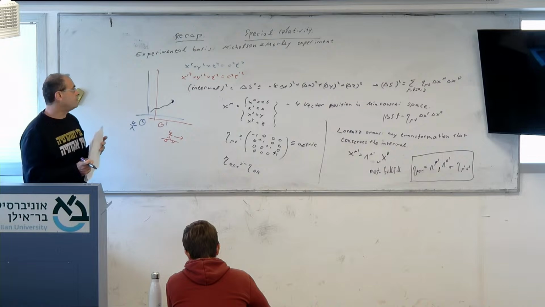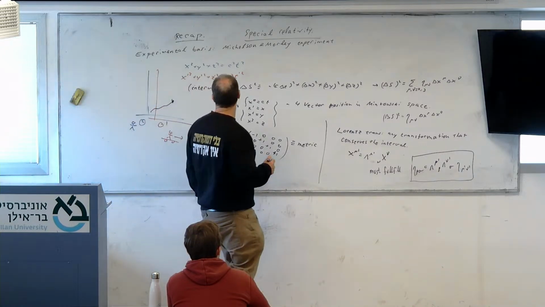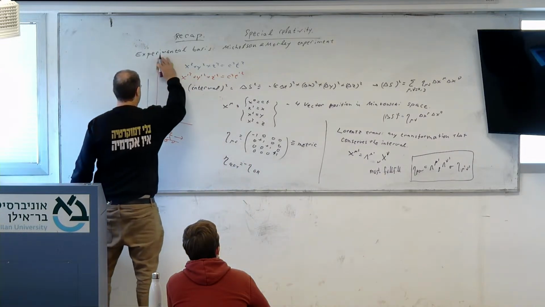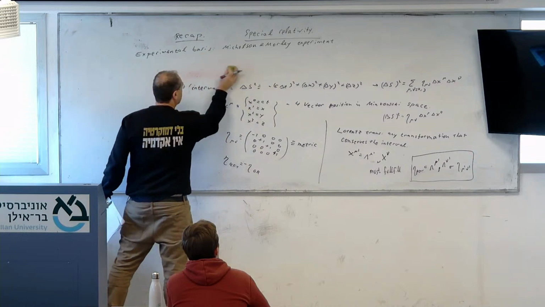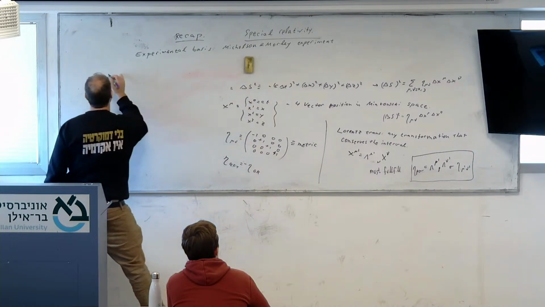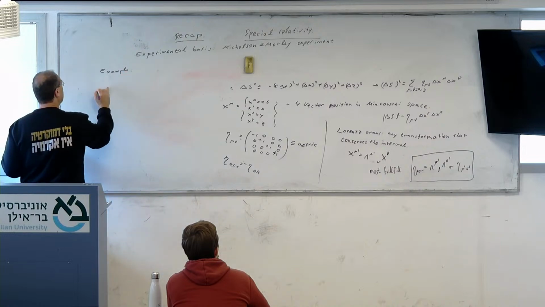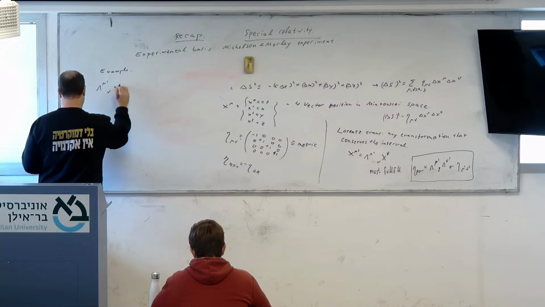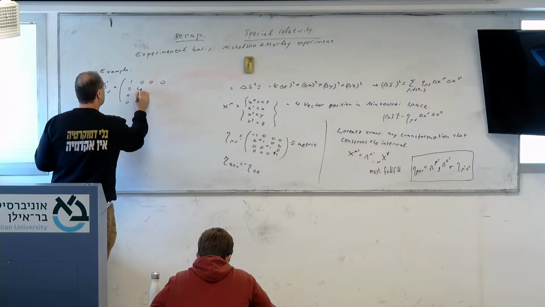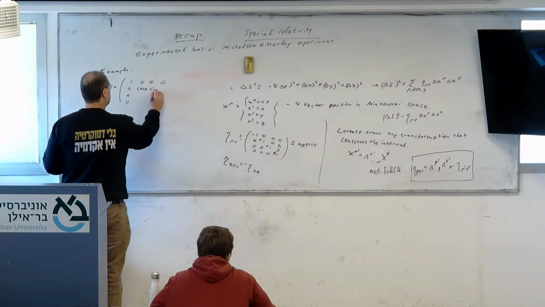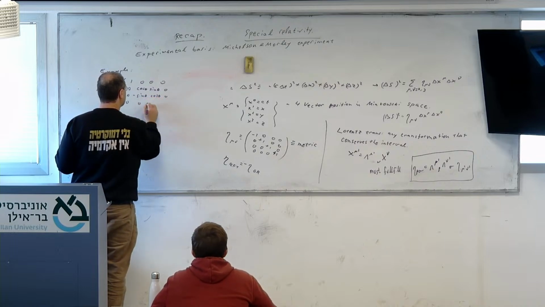And we gave a few examples. One example was lambda mu prime mu equal to 1 0 0 0, 0 cosine theta sine theta 0, 0 minus sine theta cosine theta 0, 0 0 0 1.